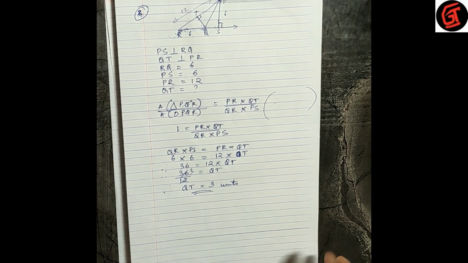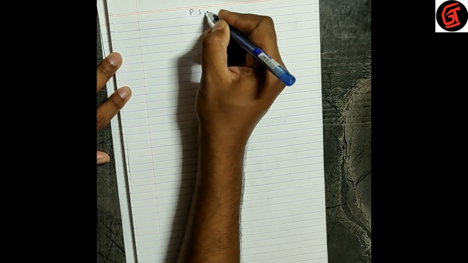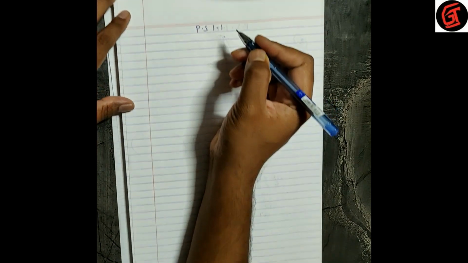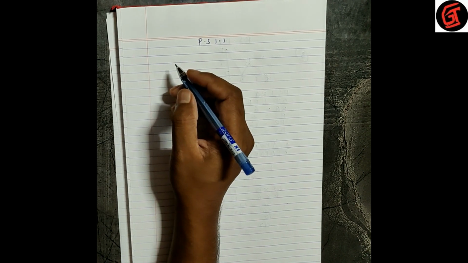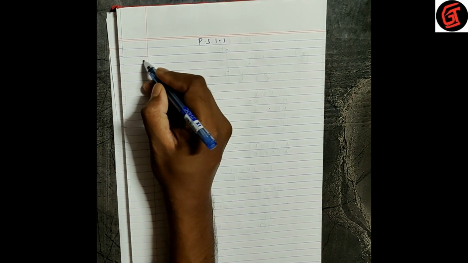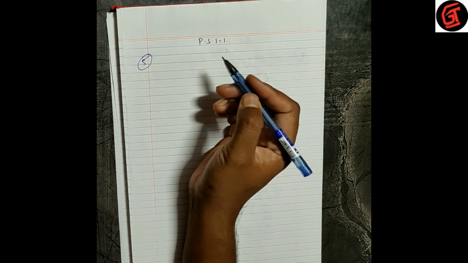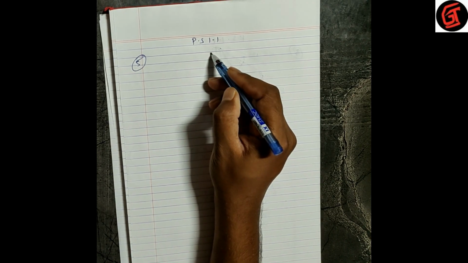Okay. Now let's go to the next sum of this practice set 1.1. Let's go to the fifth sum. If you see the fifth sum, it's a very easy sum, but a bit tricky.